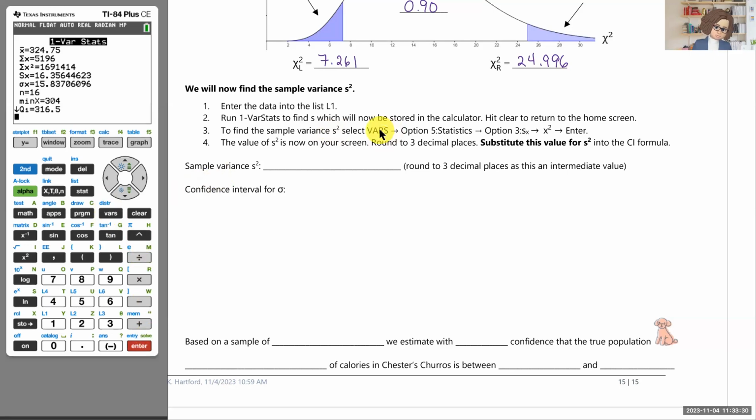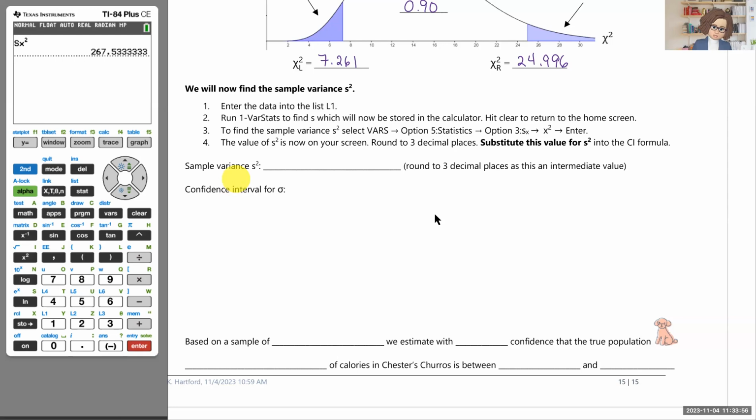So we're selecting variables, and then go down to choice 5, statistics. And then choice 3 is the sample standard deviation. And now that will be on our home screen. And we want to square that for our variance.